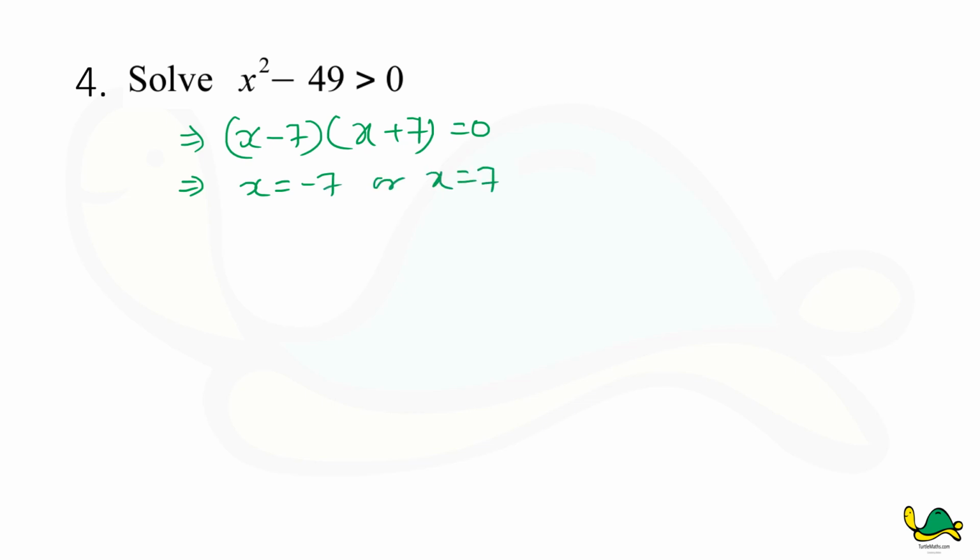The coefficient of x square is positive, so I will have a concave up parabola, happy face, and the x-intercepts are negative 7 and positive 7. I want the y values which are greater than 0. I want the y values which are above the x-axis. Above the x-axis means that we have to go in this region or in this region.